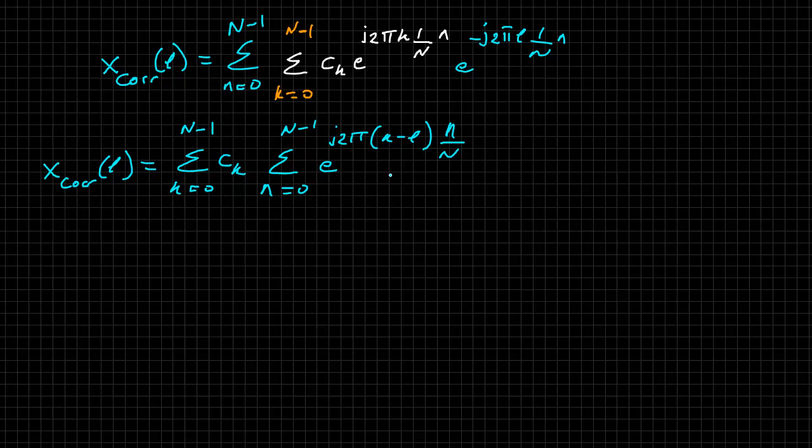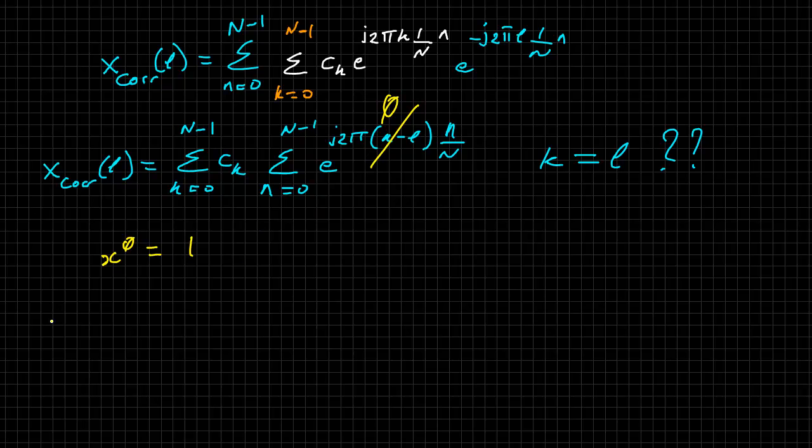So now we have a simplified form, and we're going to consider the case where K and L are equal. So what happens when K and L are equal? Well, think about x to the power of 0, because K minus L is 0. X to the power of 0 is always going to be 1.